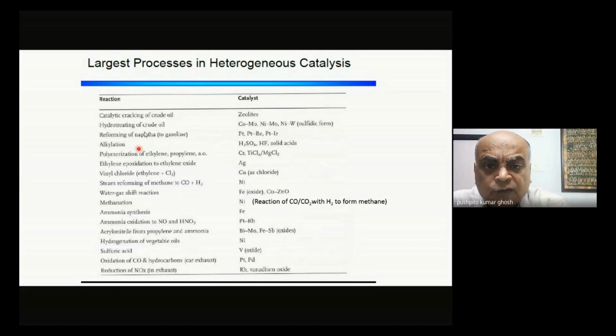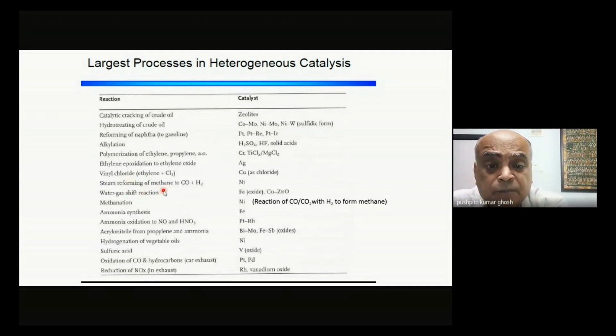Later on in the course, we will of course be looking at some of these in detail. Vinyl chloride, all your piping, PVC piping. You cannot imagine today piping which is not PVC. It's so huge, so vast.